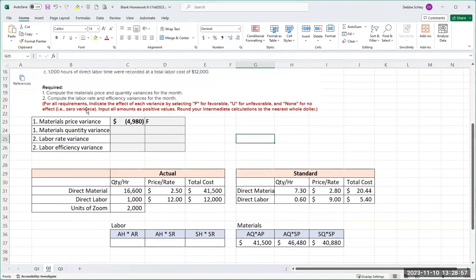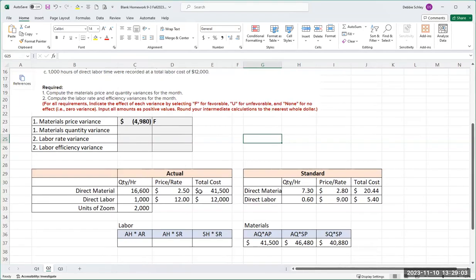Now they want the materials quantity variance, which again would be AQ times SP minus SQ times SP. Since both have SP in them, it could be SP times AQ minus SQ, but I'm going to do it the long way because I already figured them out.